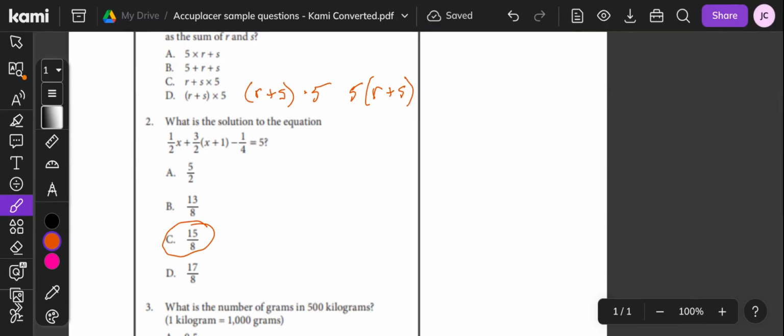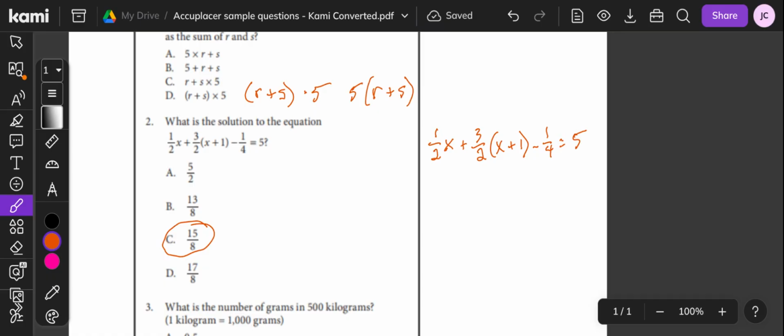Now, it is likely that a question like this, if it was an Accuplacer question, might be a no calculator one, because there are some. And then you just have to go through and perform some steps. The first thing I would do, so let me write this out over here: 1/2 x plus 3/2 times x plus 1 minus 1/4 equals 5.